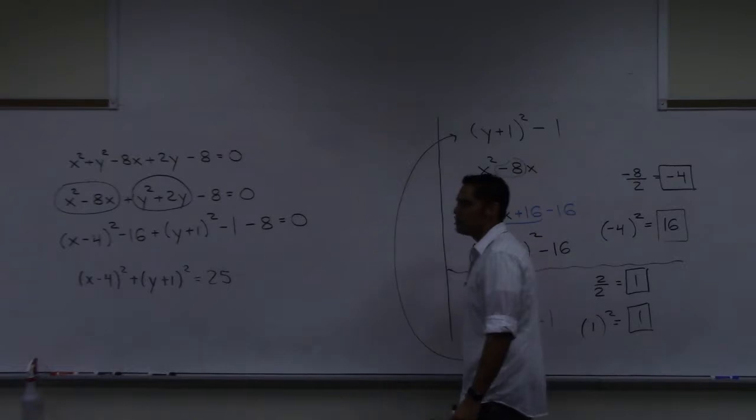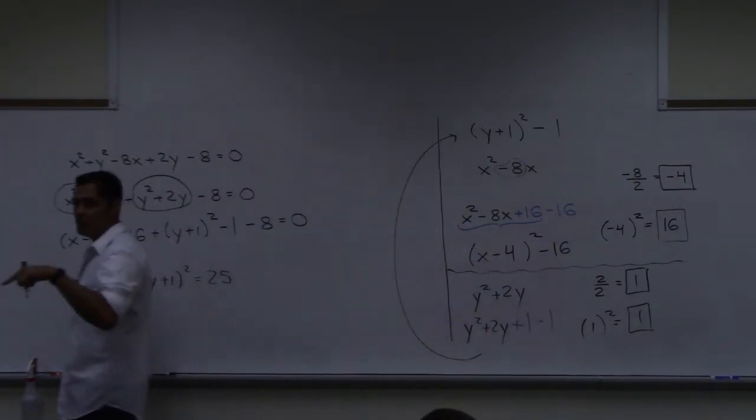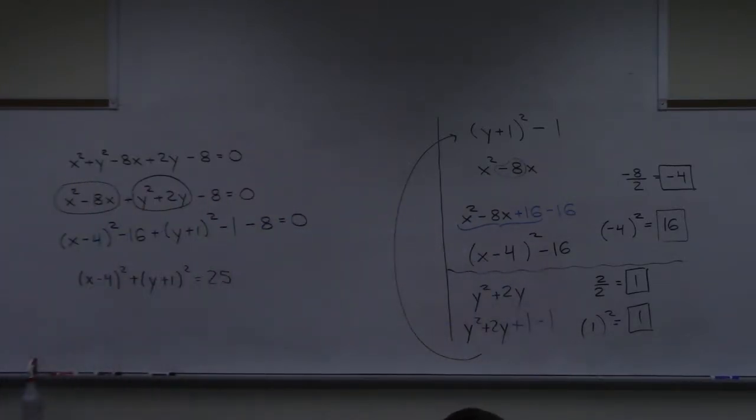So you should be comfortable going from general form to standard form and standard form to general form. Standard to general is easy, just multiply out. General back to standard, a little harder. Would you agree? A little bit more involved there? More steps. Yep. Any questions on that?